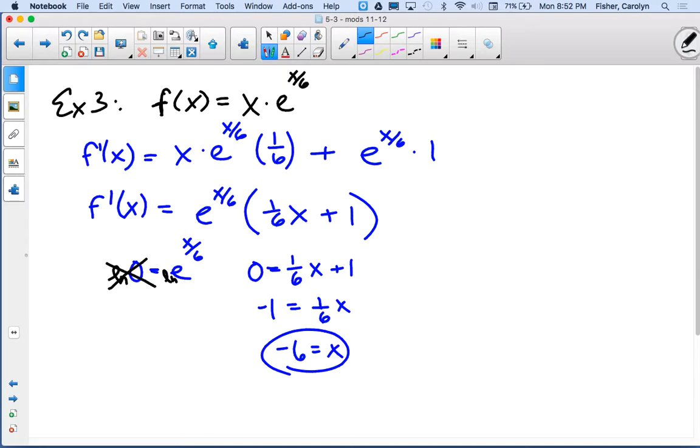That's undefined. So therefore, I'm going to get no real solutions for that part. So there is no place where this is going to be undefined. X can be anything. So I'm going to go ahead and say we're done with critical points, and I only got one critical point right here. So maybe this one won't be quite as bad.